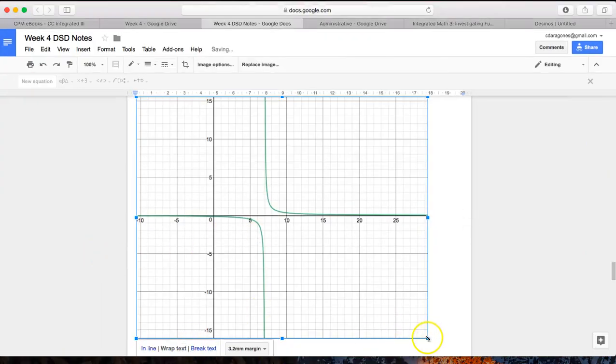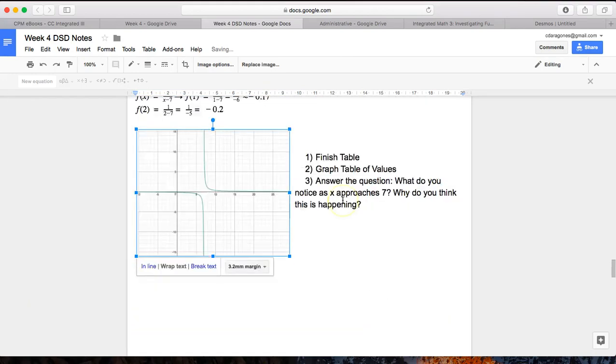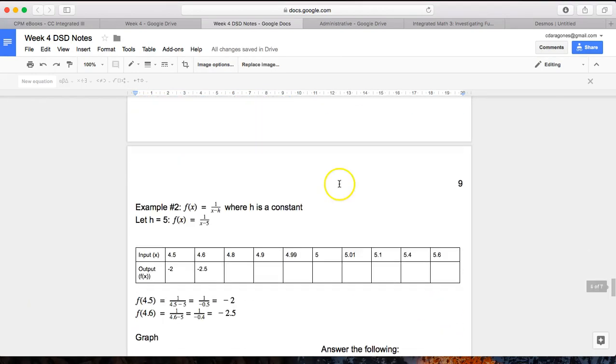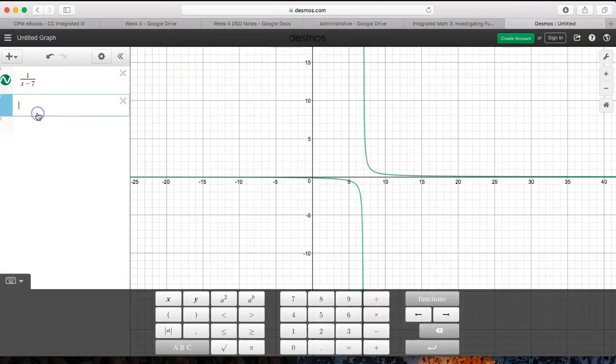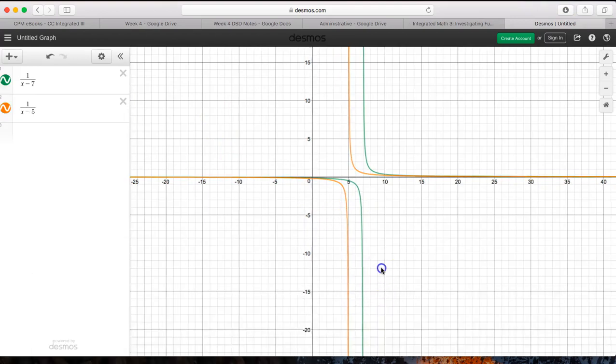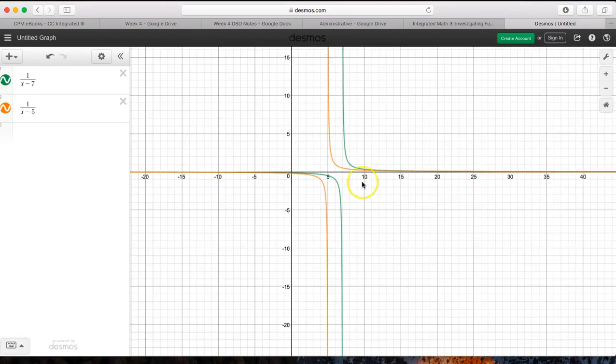Okay, so let's go ahead and decrease this in size. We also can make the graph of 1 over x minus 5, which on Desmos.com looks really similar to the graph of 1 over x minus 7, except it's just shifted over to the left. So this one looks a lot like this graph, except it's moved over to the left.